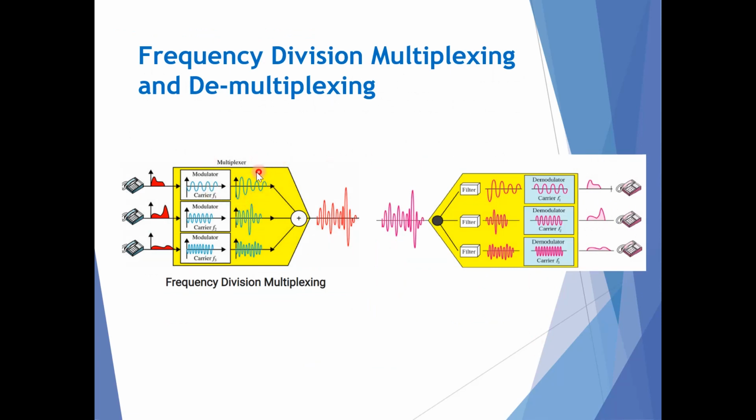From this diagram, it's very clear what FDM is. In FDM, as I told you, each signal modulates a separate carrier. Here we can see carrier F1, carrier F2, carrier F3. The modulator output will contain the sidebands of the corresponding signals, and these are given to the adder.